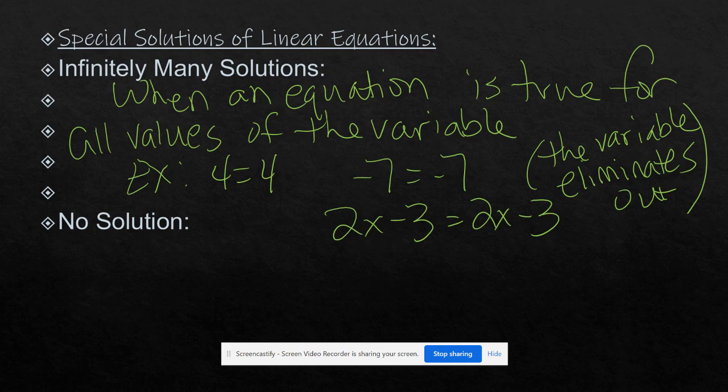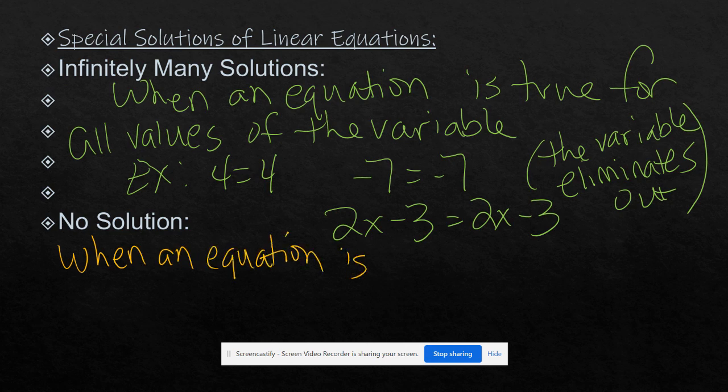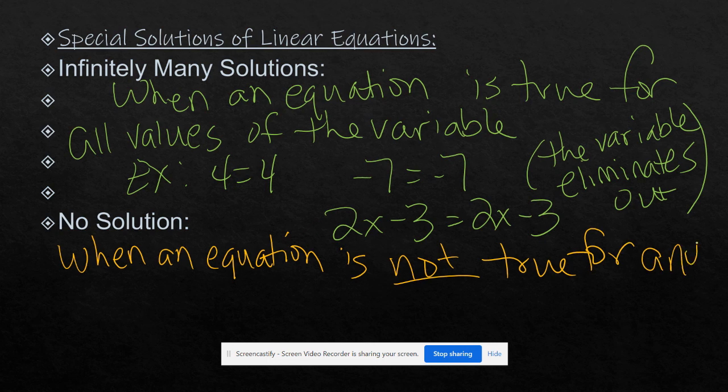No solution is exactly the opposite. When an equation is not true for any value of the variable.